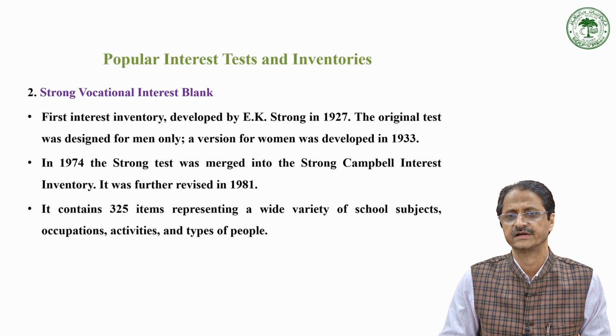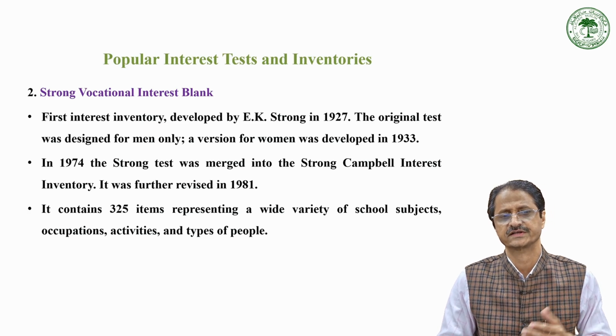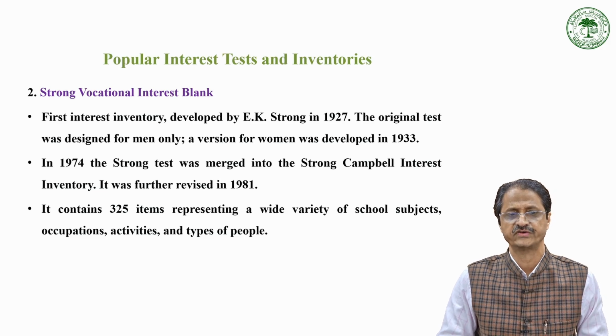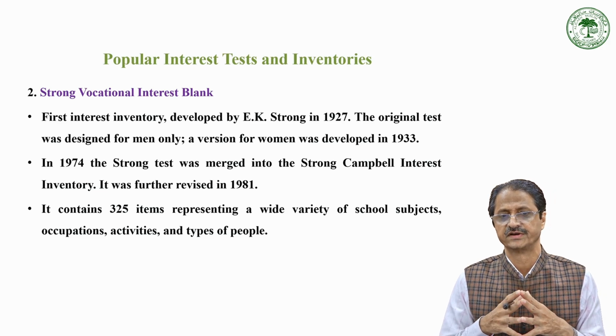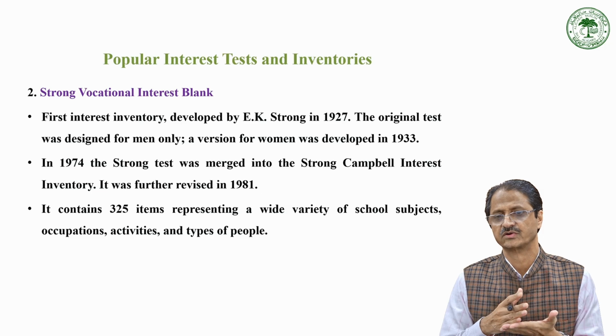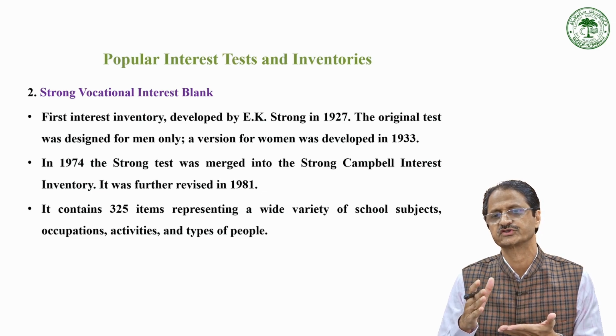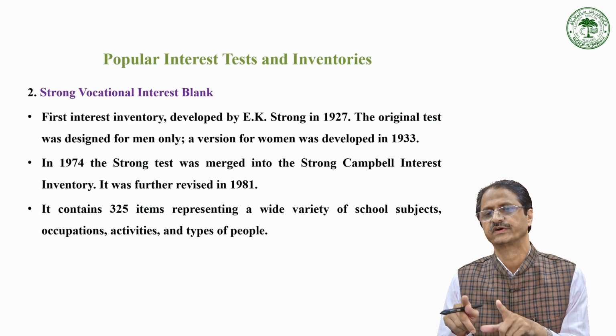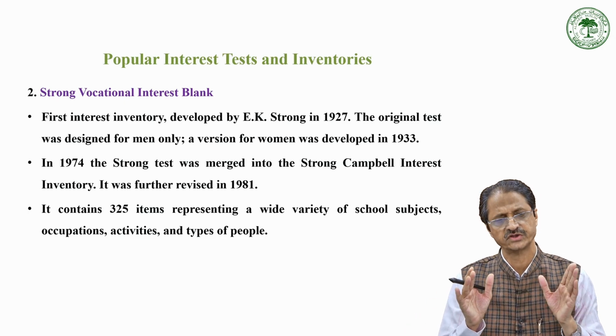Popular interest tests and inventories. Another example is the Strong Vocational Interest Blank. The first interest inventory was developed by E.K. Strong in 1927. The original test was designed for men only. A version for women was developed in 1933.